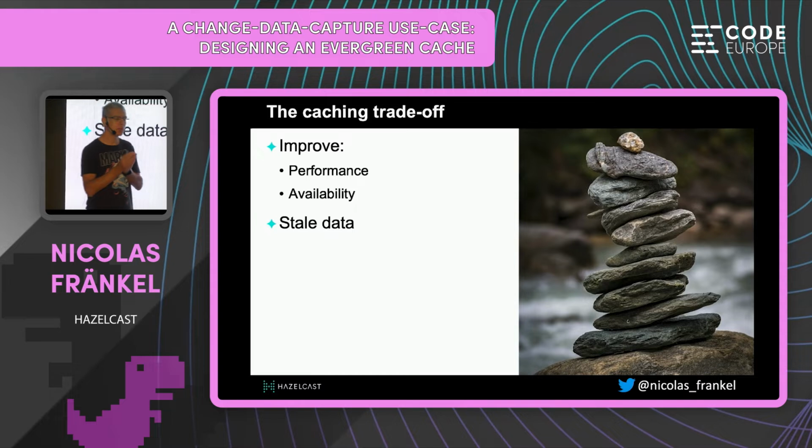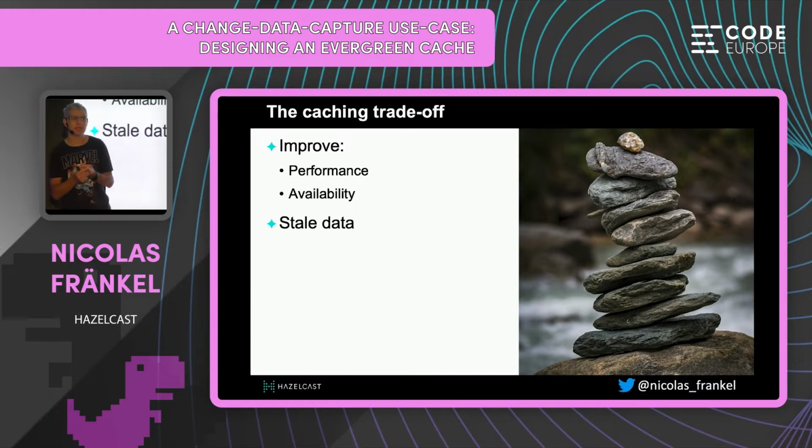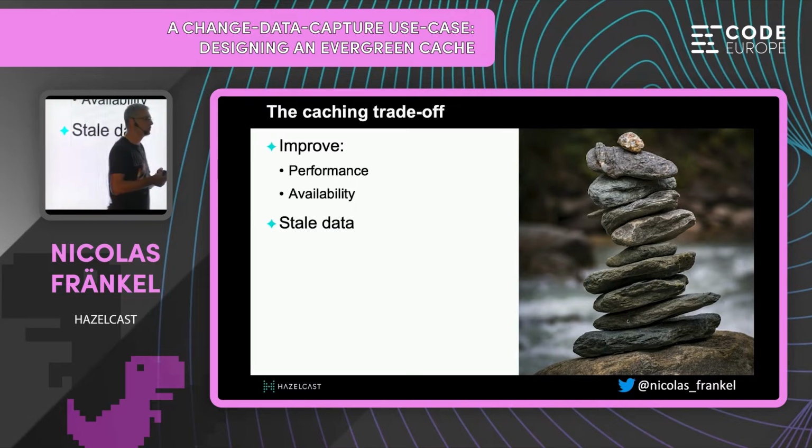And the most important trade-off in that case is we accept data that is stale, data that is not perfectly correct, but we get two benefits depending on the use case. Either we get fast data access, or we get data at all. We get available data.